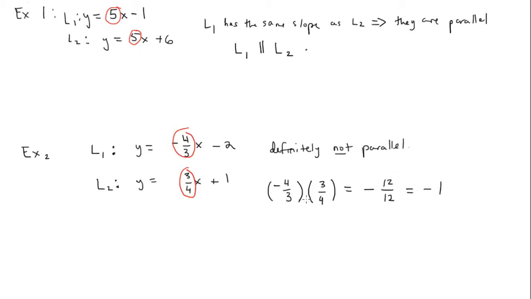So these slopes multiply to be negative 1, and so these lines are perpendicular. And that's it.